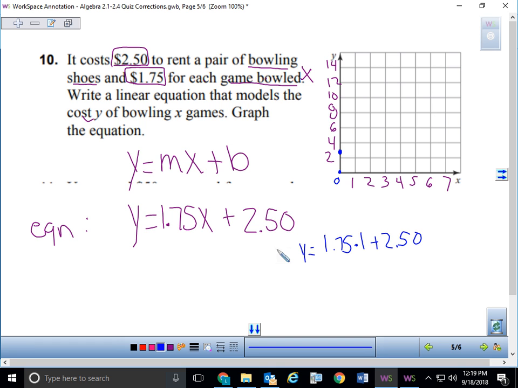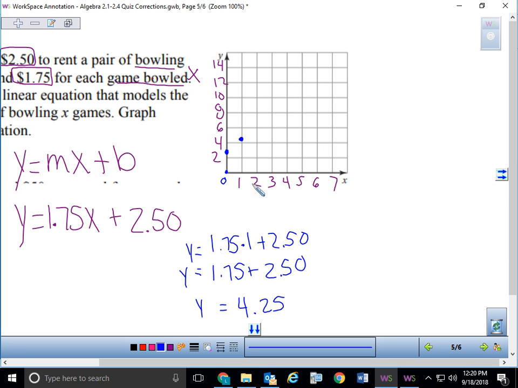Well, 1.75 times 1 is just 1.75 plus $2.50. This comes out to be $4.25. So at my x value of 1, my y, or the total cost, is $4.25. It's a little bit above my 4, kind of right there.